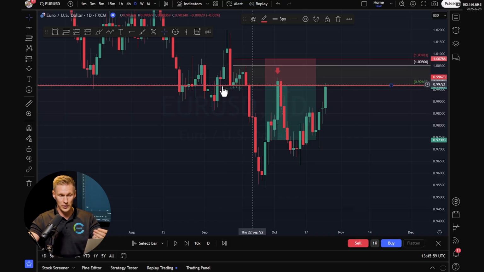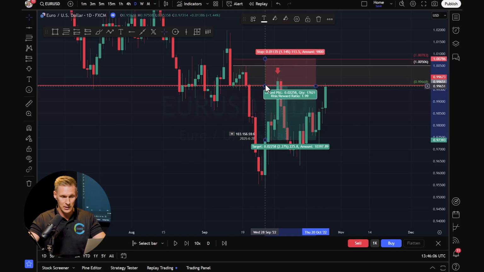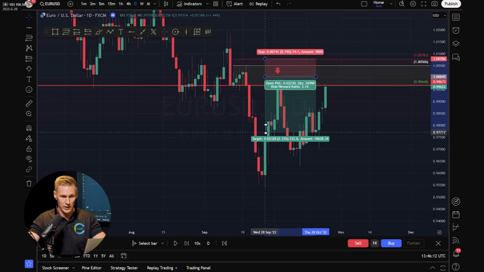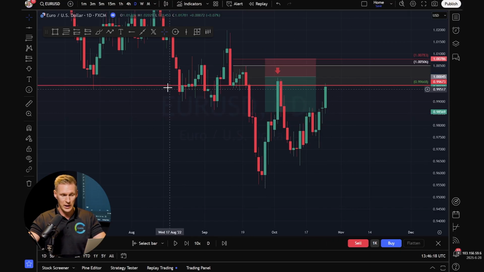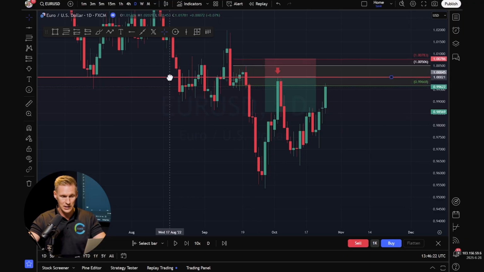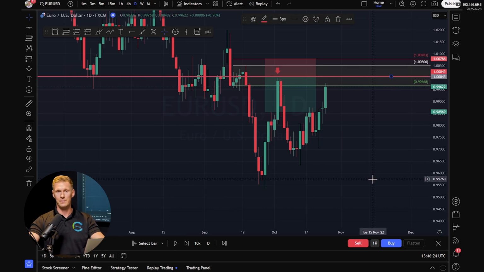Also, if we talk about the zone entry, right, it was here. Then of course we have to move our target a little bit higher, again to the 2 to 1. That's here again. Here we have to move our initial stop loss to break even. That's here. Okay, great.